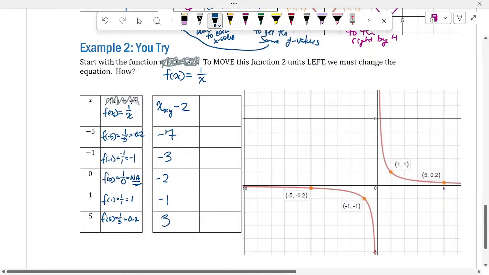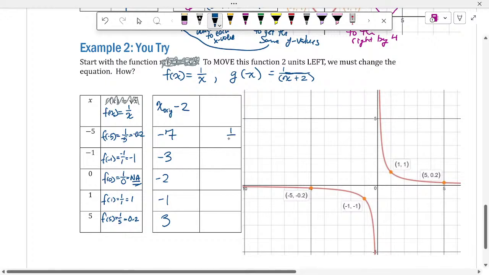Okay. Now, what should all of these y values be? All of these outputs? Because g at x is going to equal 1 over x. And can I put -2 here? I have to put x plus 2, right? Because what I want to do is I want this to actually just be 1 over -5 again.